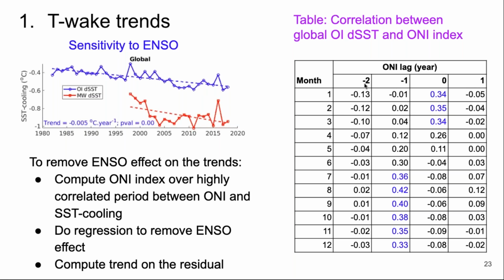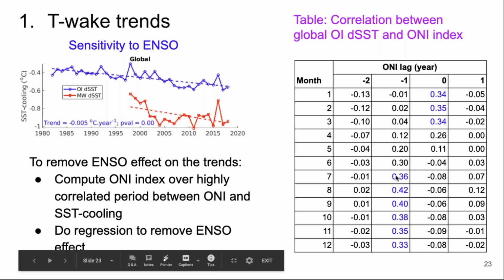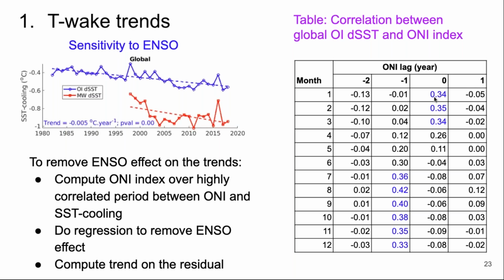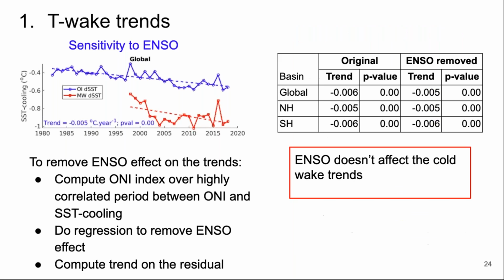We compute it with different lags of ONI, from minus 2 years to plus 1 year, and for months from 1 to 12. We find that the blue numbers represent the period of high correlation between ONI and the cold wake. So we average the ONI index over this high correlation period, and then we do a regression in order to remove the ENSO effect. Then we can compute the trend on the residual signal.